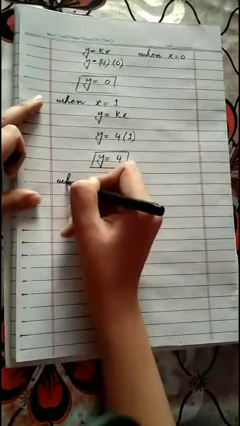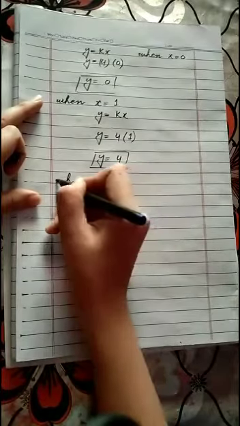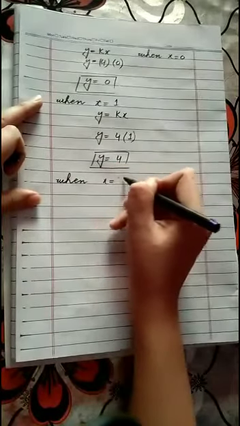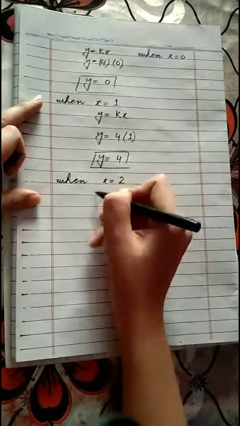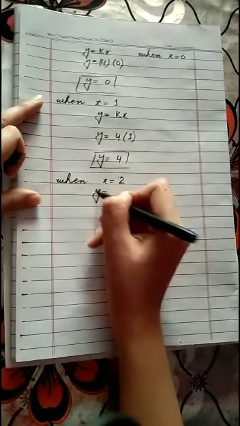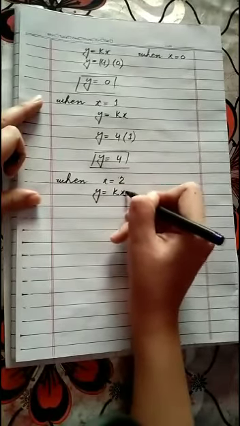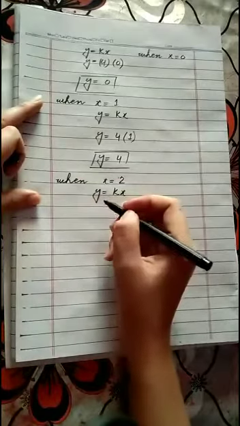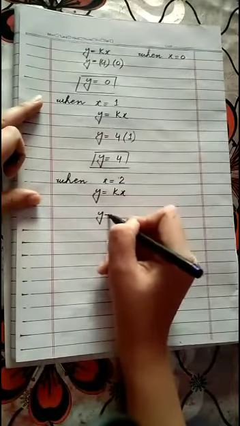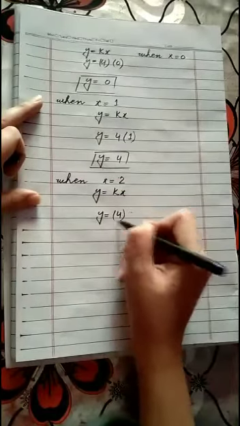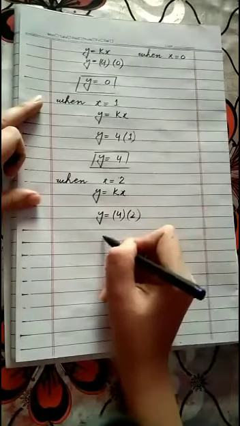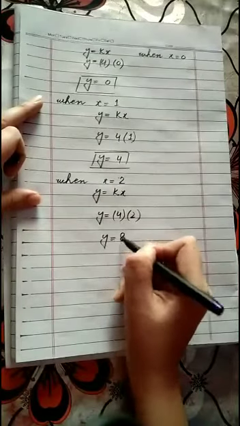Now when x is equal to 2, y is equal to kx. y is equal to 4 times 2, so y is equal to 8.